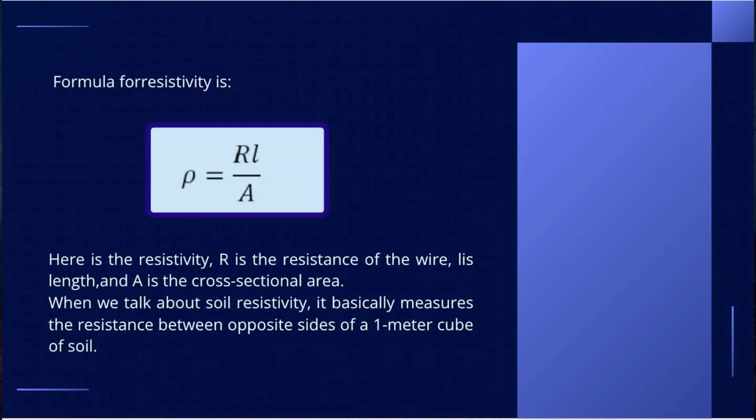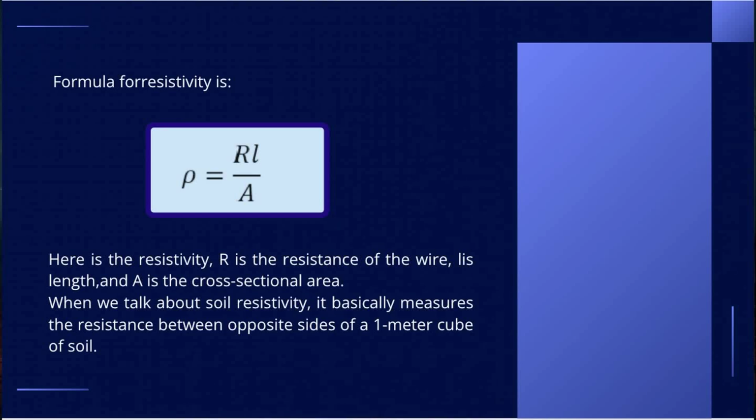Now the formula for resistivity is resistivity rho equal to R times L divided by A. Here you have seen that R is the resistance of the wire, L is the length of the wire, and A is the area of cross section of the wire.